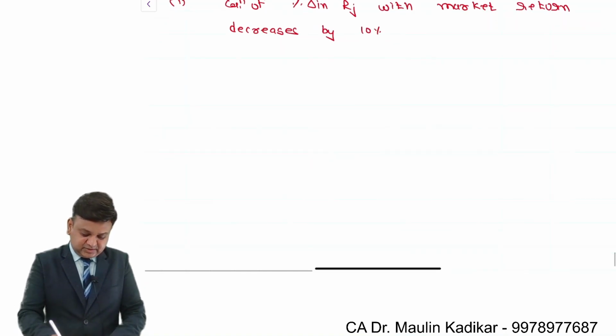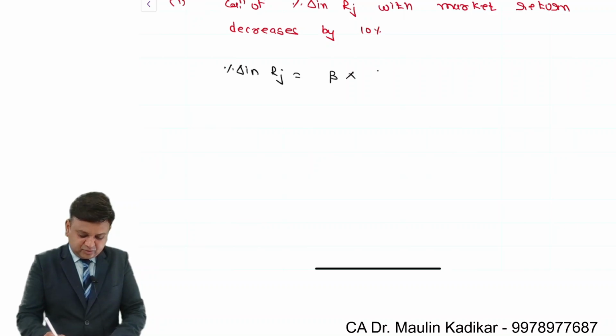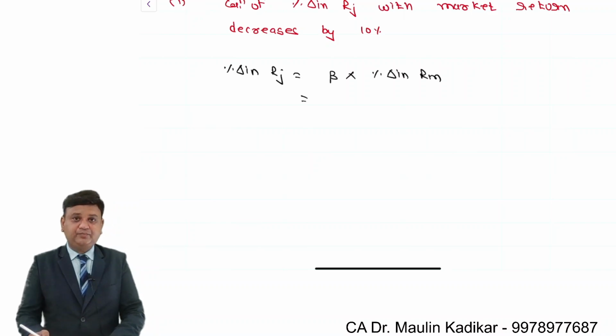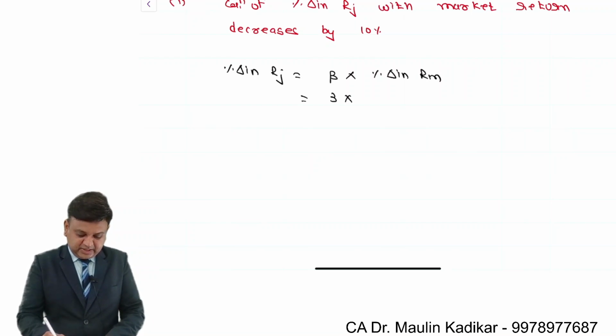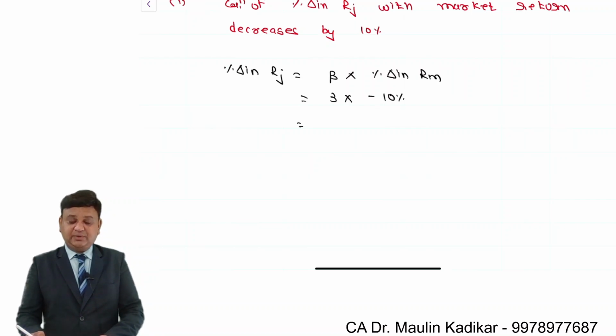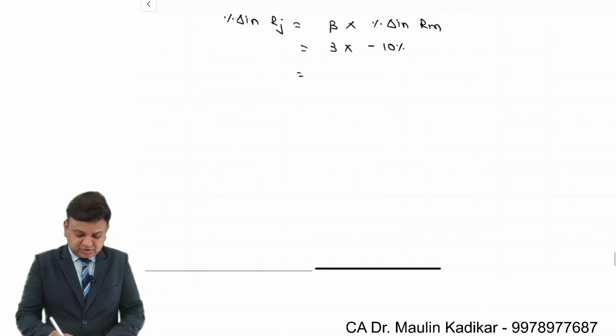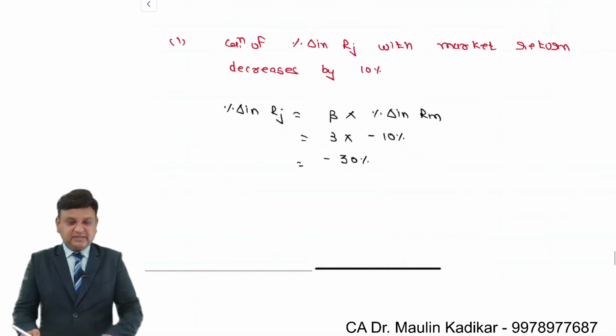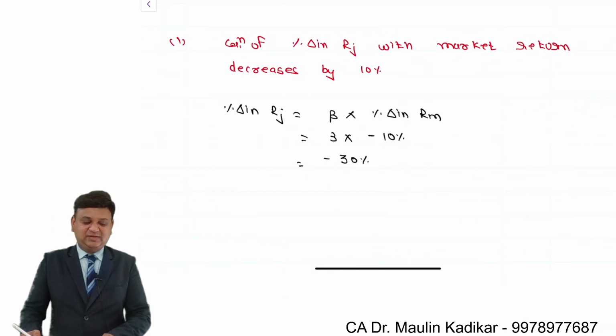Percentage change in RJ is equal to beta into percentage change in RM. What is the beta value? Beta value is 3. And what is the percentage change in RM? That is negative 10%. So it is negative 30%. That is the answer of the first question.